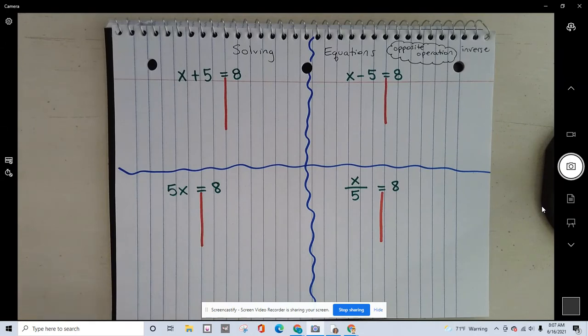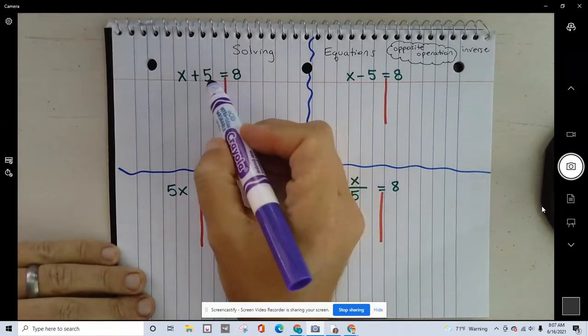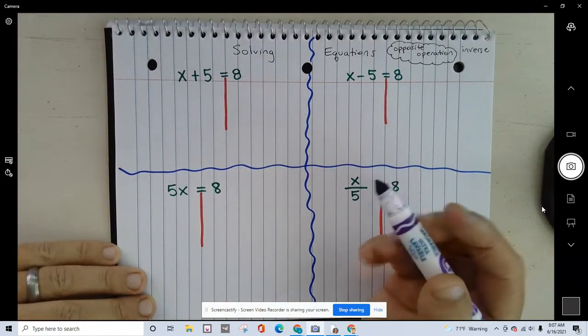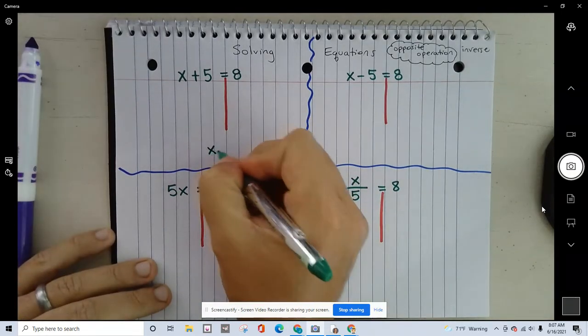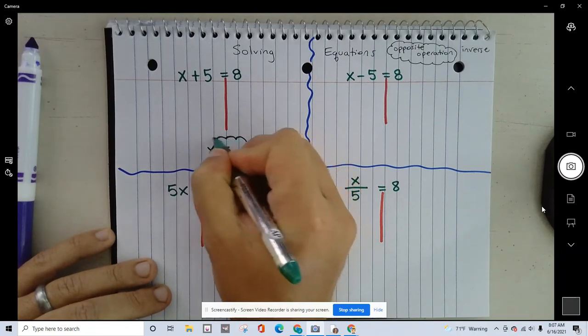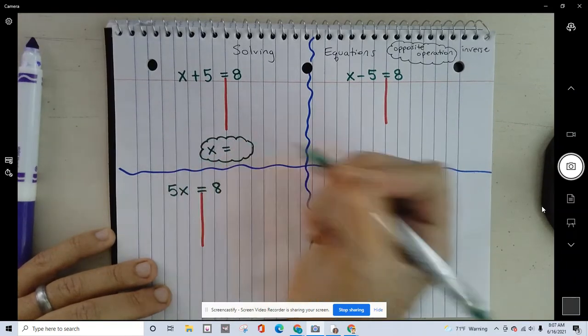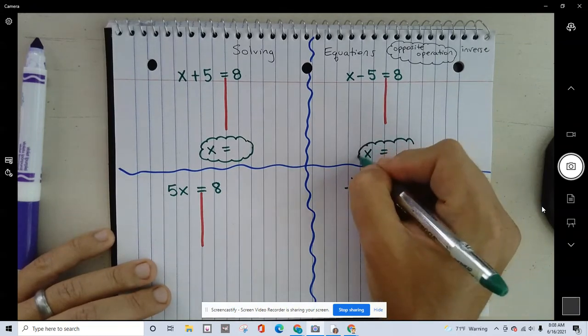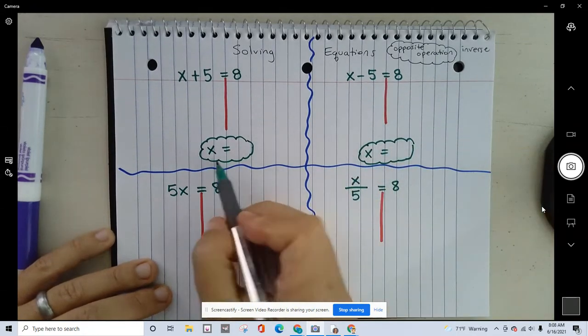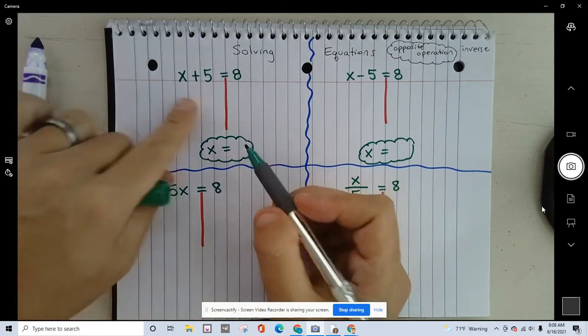We're going to get rid of this 5. The whole point of this equation, the final thing we want to do, is to get x all by itself. That's the whole goal. Why do I say by itself? All alone on one side of the portal.